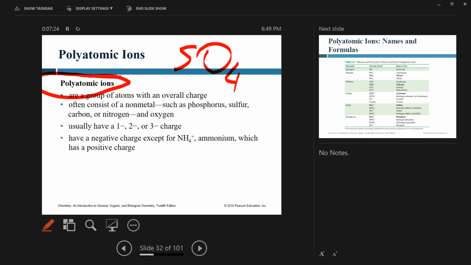But when we talk about that anion, we consider it a single chemical entity. Does it make sense? So we don't talk about how sulfur behaves there, or how oxygen behaves there, we talk about how sulfate, that anion, behaves in the reactions that we're looking at.